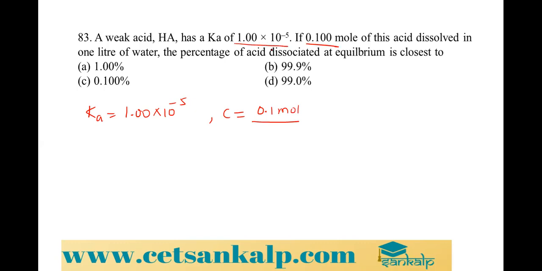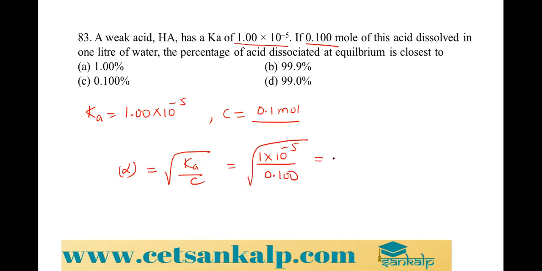They have given that, right? Then alpha, the degree of dissociation, is given by the square root of Ka divided by C, that is equal to the square root of 1 into 10 to the power minus 5 divided by 0.100, that is equal to 10 to the power of minus 2, equals 1%. Am I right? So the answer would be option A. Okay? Right.